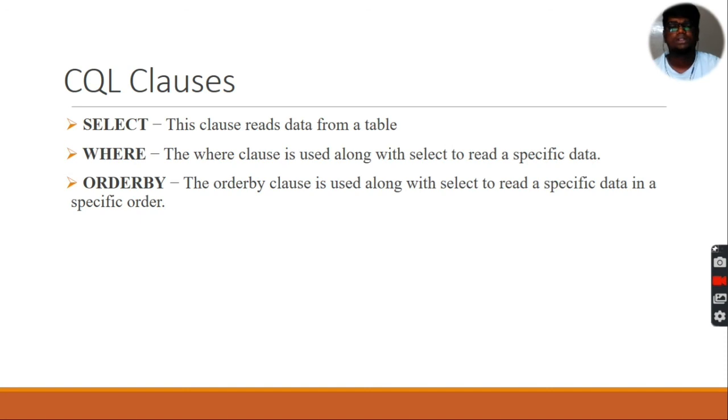The where clause is used along with select to read specific data. You can read specific data using this where condition. And the order by clause is used along with select to read specific data in a specific order. So you can select and read specific data in order using the order by clause.